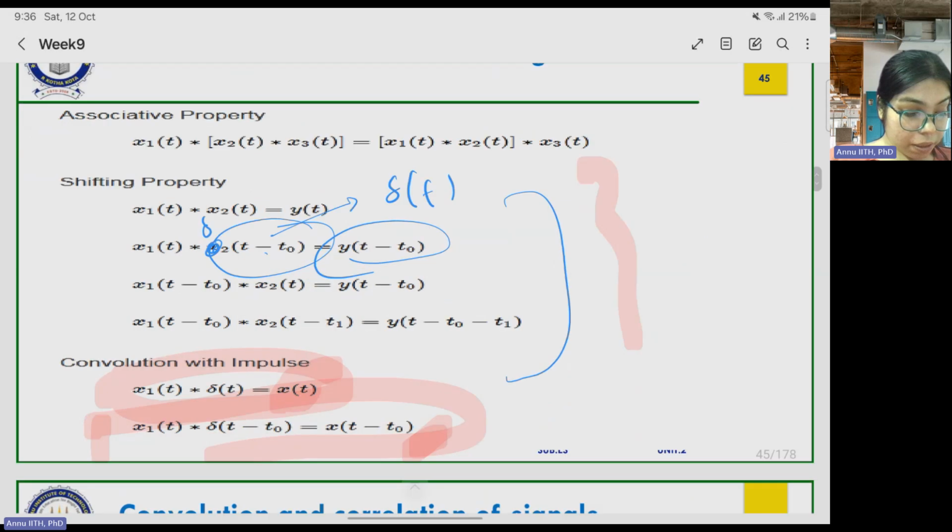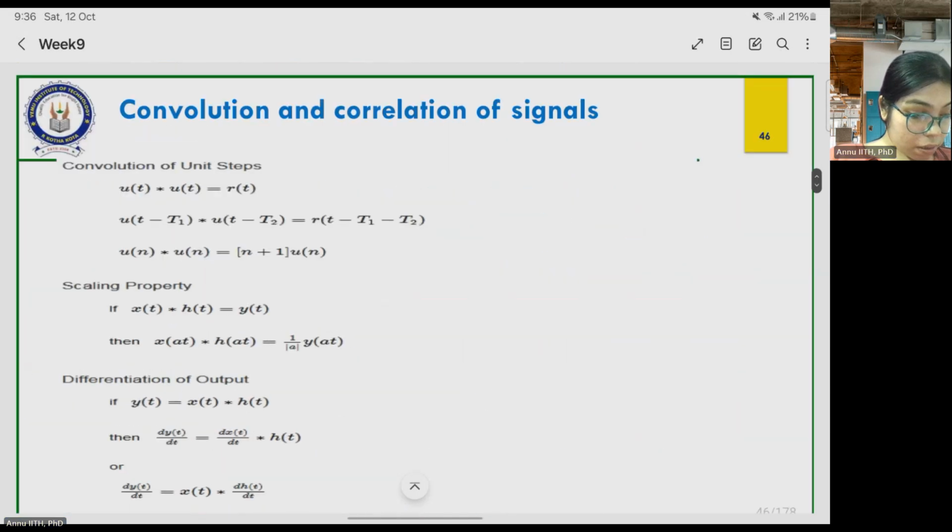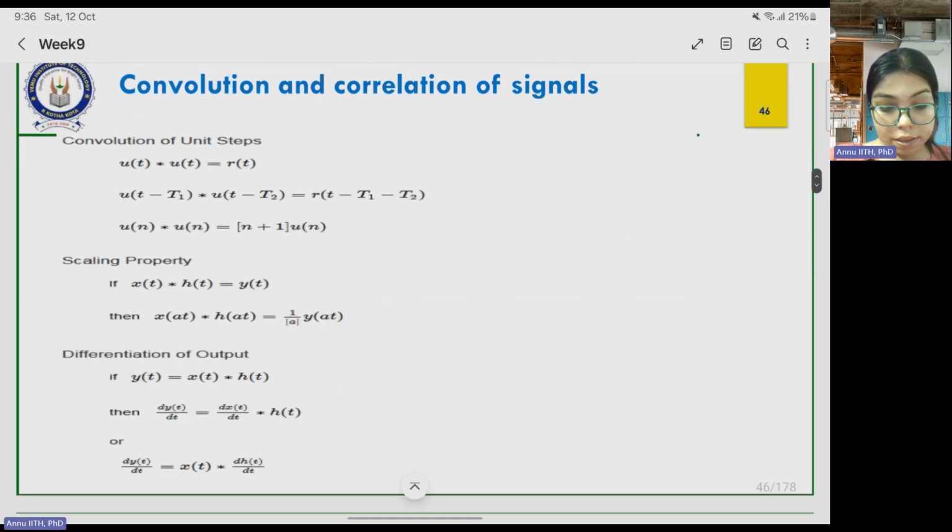So associative property, shifting property. There are some more descriptions.